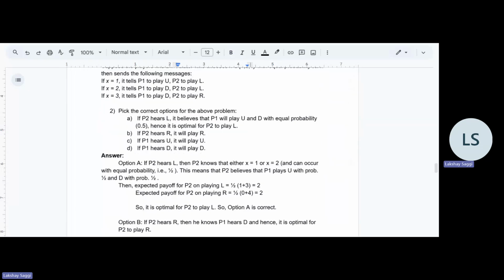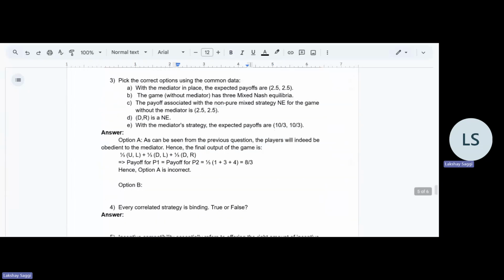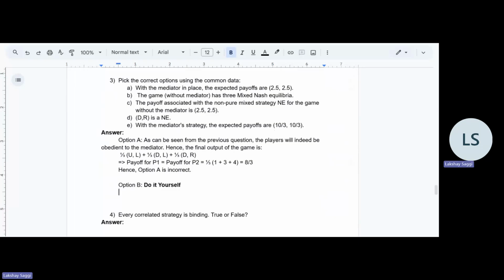I believe these kinds of things can be done by you guys yourself, so I'll just leave this as a do-it-yourself exercise. First, like always, to find all the Nash equilibria, note that a pure Nash equilibrium is also a mixed Nash equilibrium. So there are mixed Nash equilibria also.